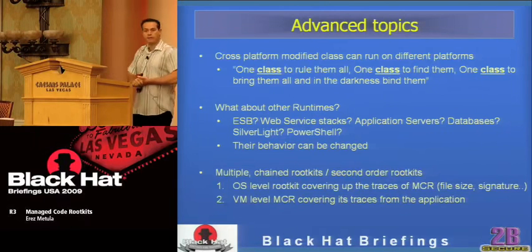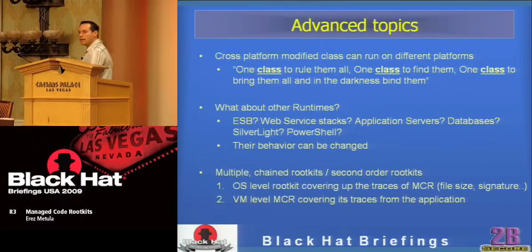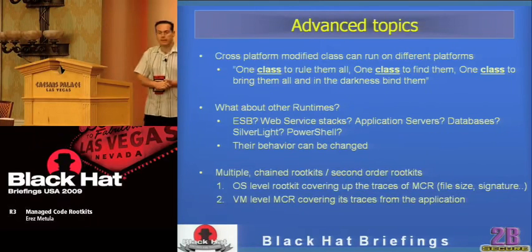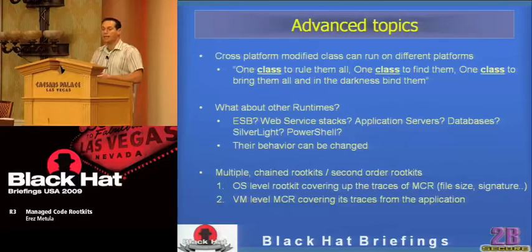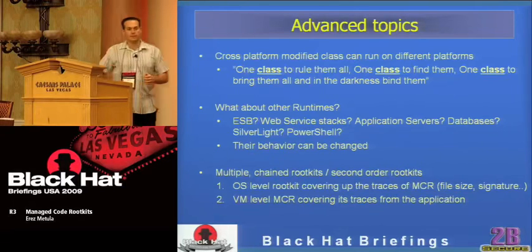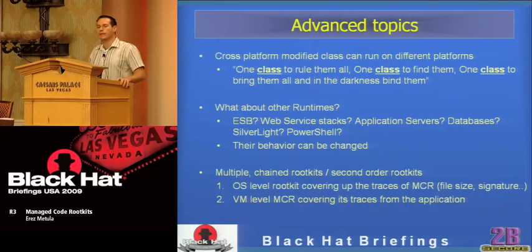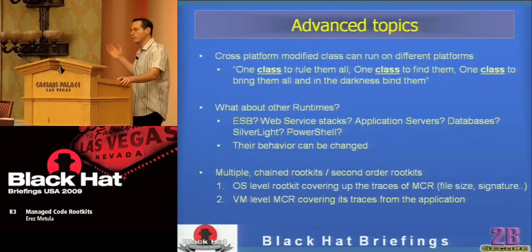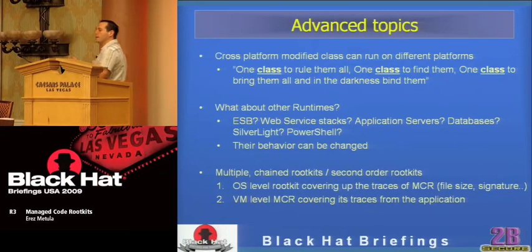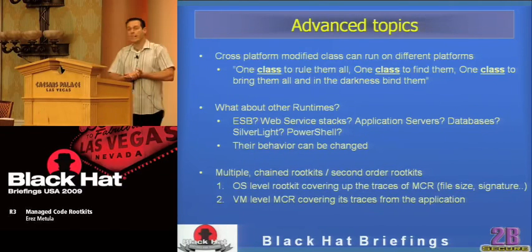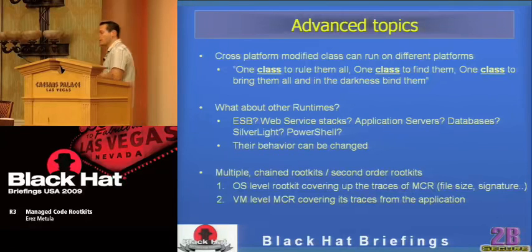Another interesting thing is that MCRs can be used in a second-order attack. Now we're talking about second-order rootkits, in which we have an OS-level rootkit, a traditional OS-level rootkit, maybe kernel level, maybe some driver, that hides the traces of managed code. Managed code rootkits have their own traces.